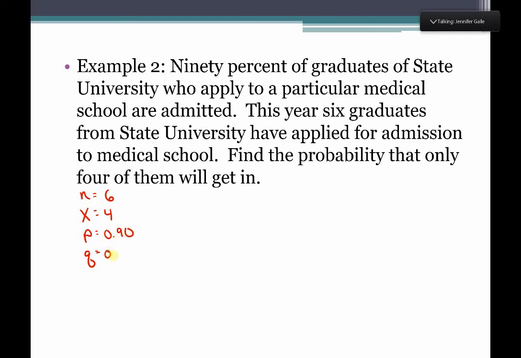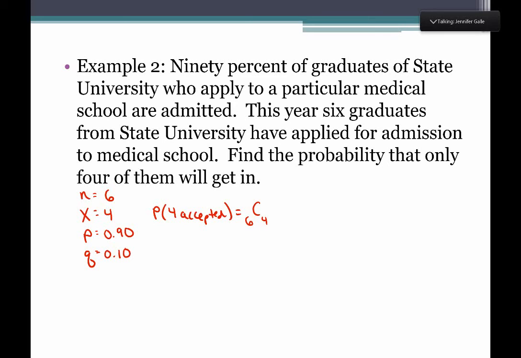Okay. So now, probability for our accepted. I have 6 candidates. I'm going to choose 4 of them to get in. That's going to give me the number of ways that we can select 4 successes from our 6.